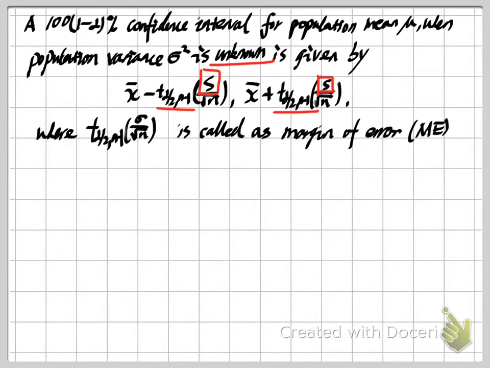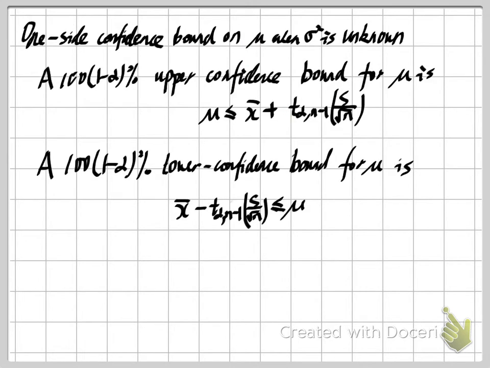Similarly, we can also have one-sided confidence bounds. Of course, we have the upper confidence bound and the lower confidence bound. For the upper one, we still use our sample mean plus this second term.